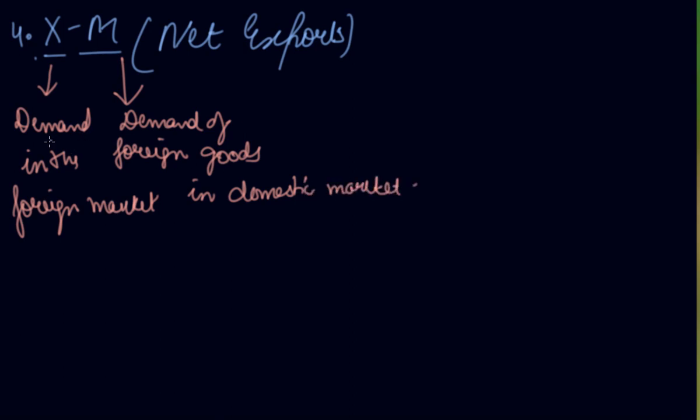See, if your domestic goods are demanded in foreign, which means that your aggregate demand is increasing in this case. Whereas if you do not demand your domestic goods, whereas the foreign goods are demanded in the domestic market, which means the aggregate demand is reducing in this. So this is subtracted and this is added to your aggregate demand, right?